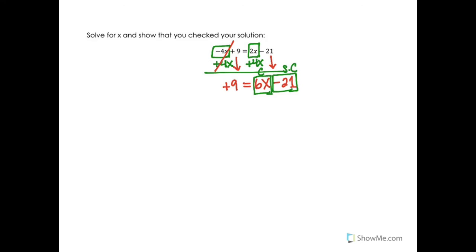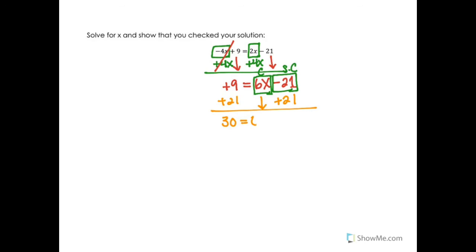Again, our next goal here is to make sure that our couple is alone. We don't want anybody on the same side of our couple. So we're going to go ahead and get rid of our -21. Now the opposite of -21 is +21, so I'm going to add 21 on both sides. This is going to give me 30. I'm going to bring down my equal sign.